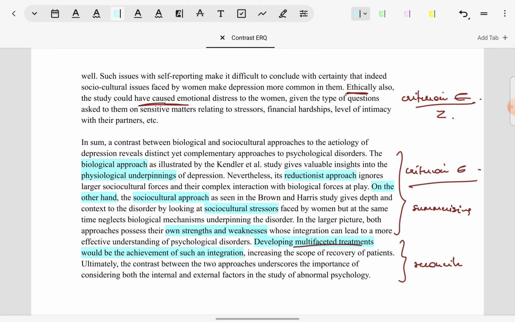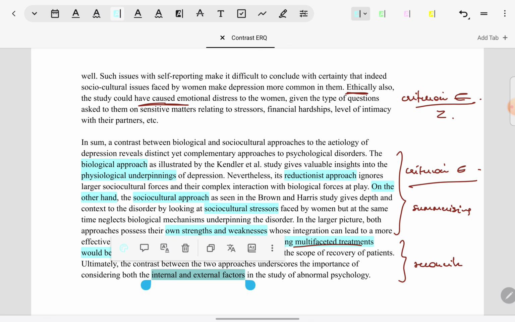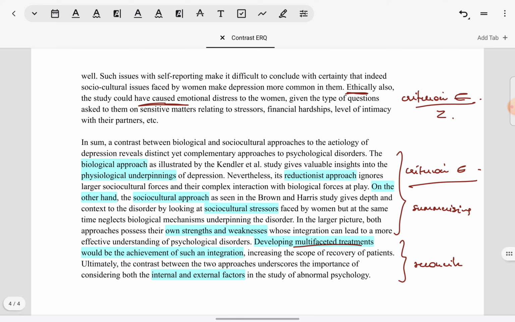Biological is like internal factors, internal elements, because it is physiology, and socio-cultural is external, outside the person, because it has to do with situations that the person is undergoing. So we'll be able to develop treatments which target both internal and external factors, and so they are more likely to be successful in bringing about effective results.